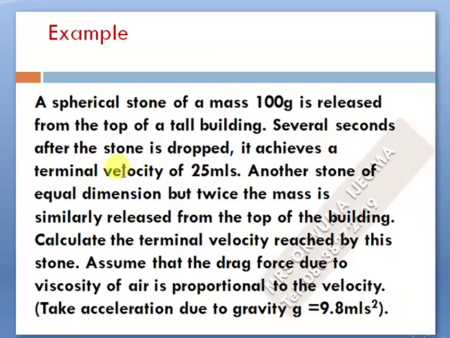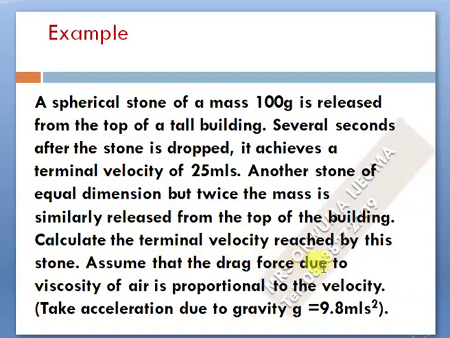Remember, velocity or speed, you can call it speed, just that velocity is a vector quantity while speed is what? Scalar quantity. So that is measured in meters per second. Another stone of equal dimension but twice the mass is similarly released from the top of the building. Calculate the terminal velocity reached by this stone.